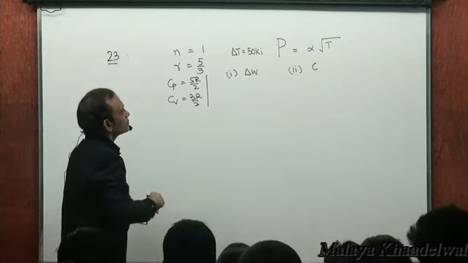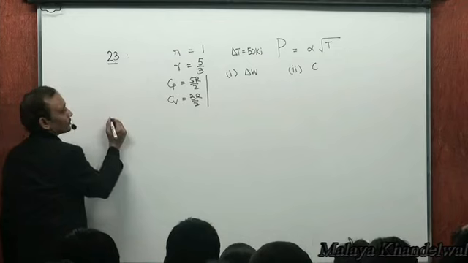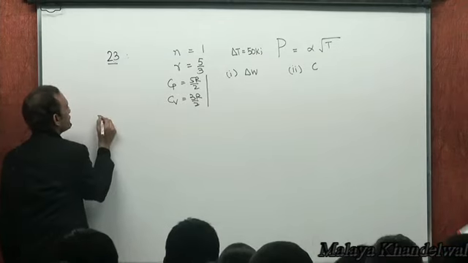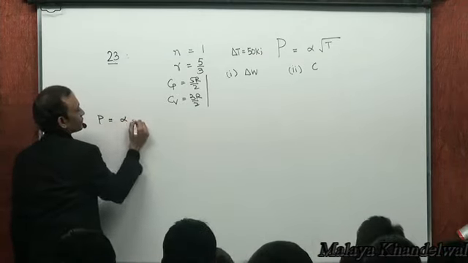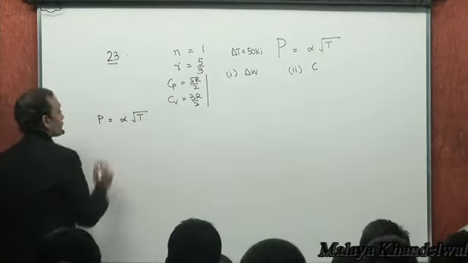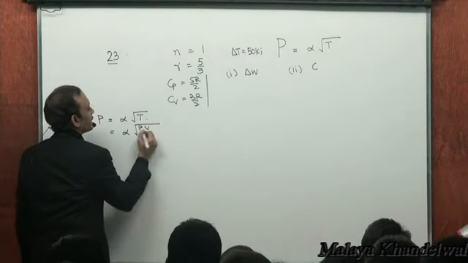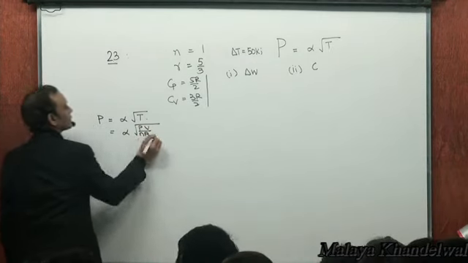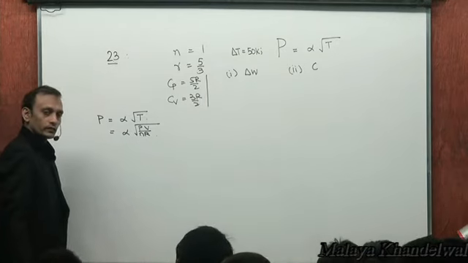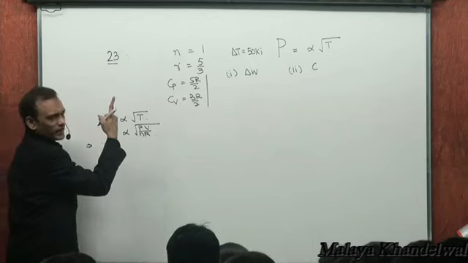Now, realize that P is alpha root T. This T I can write as PV by nR. n is 1 mole, that's given, right?